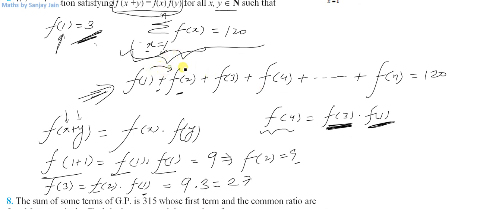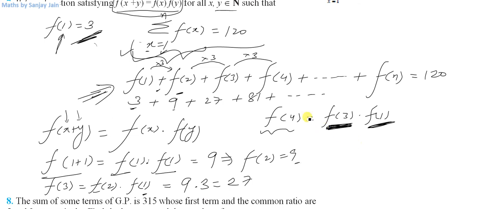I multiply this by 3 and obtain this. Multiply this by 3 and obtain this. So this is going like a GP. So this is a GP in fact, because this is 3, this is 9, this is 27, right? And this is 81 and so on, right? I hope you got the idea. So this is a GP with first term as 3, common ratio as 3.